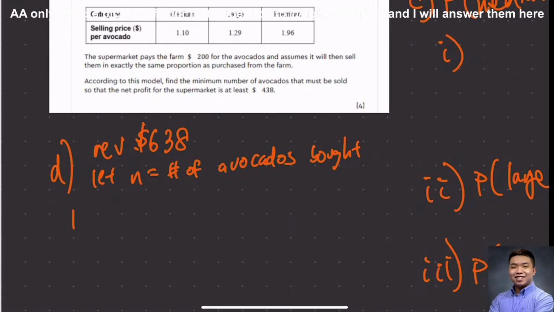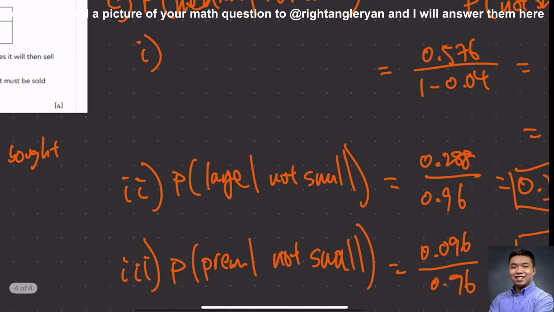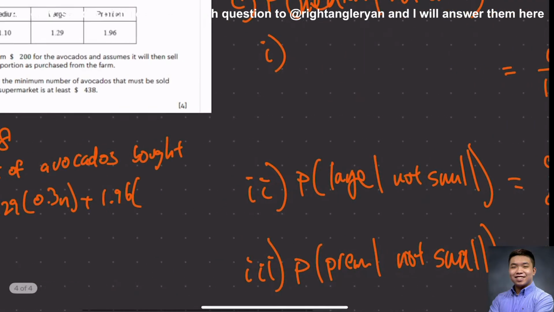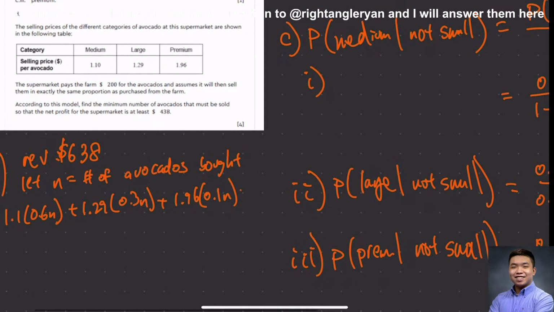So this is going to be 1.1 times 0.6n plus 1.29 times 0.3n plus 1.96 times 0.1n. Okay? And I need this to be equal to 638.